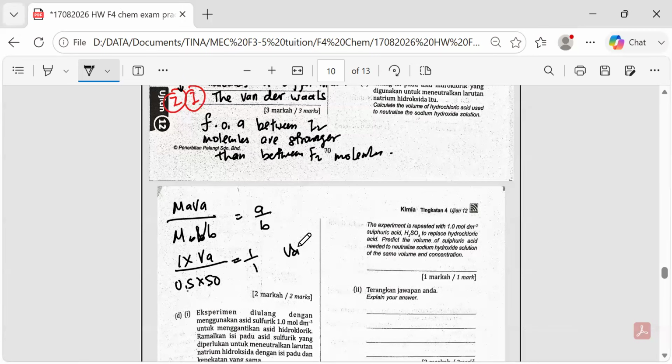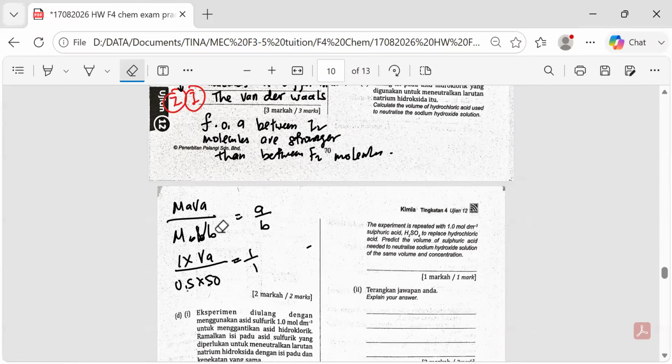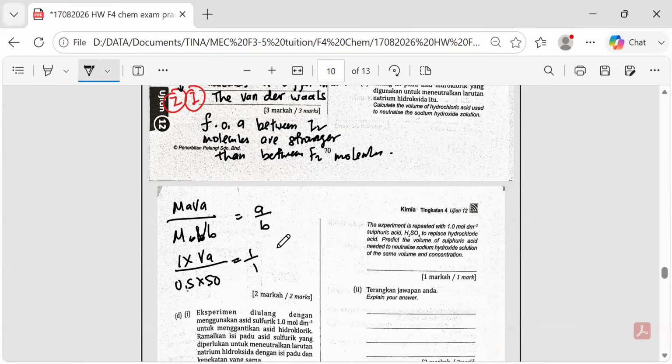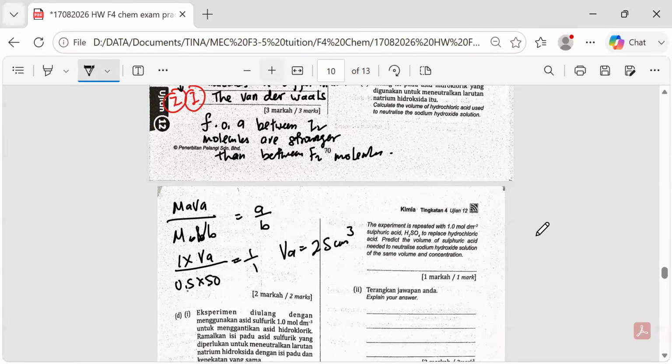So VA equals 25. Okay, I heard you said 1.5, so I got a bit scared. 25 centimeter cube. Okay, correct. Do you remember? Okay.